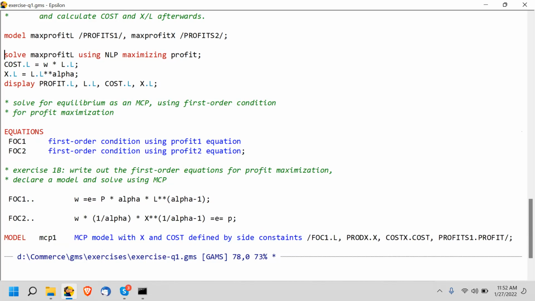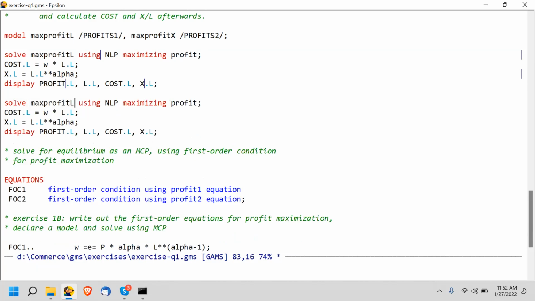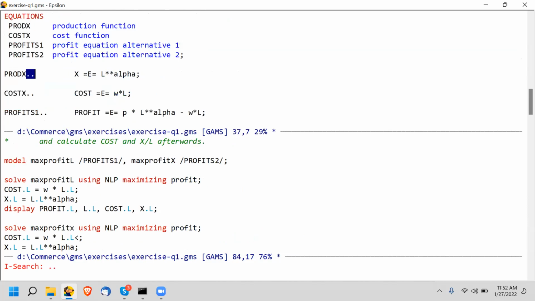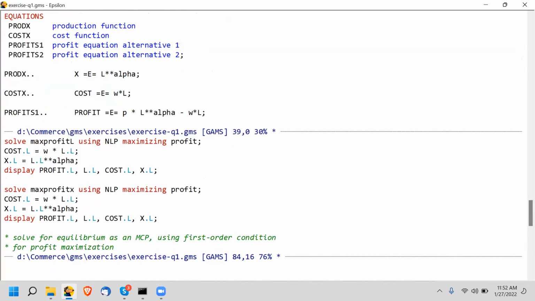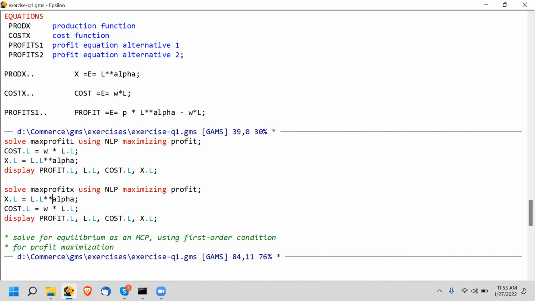And so I could just as easily remove this and say solve maximize X. And now we have cost X. Let me say here X, so now it's going to be L equal to X to the 1 over alpha.